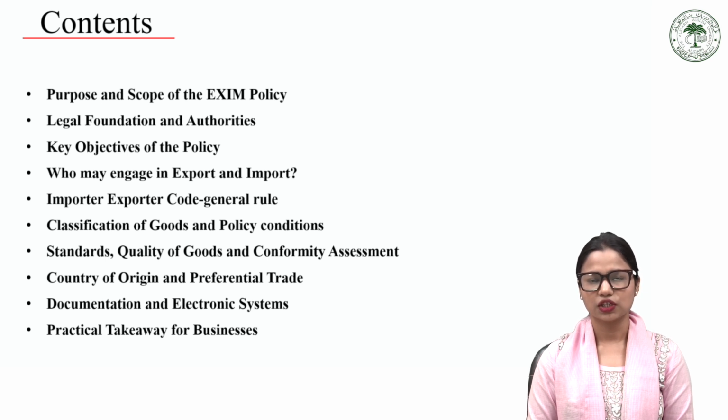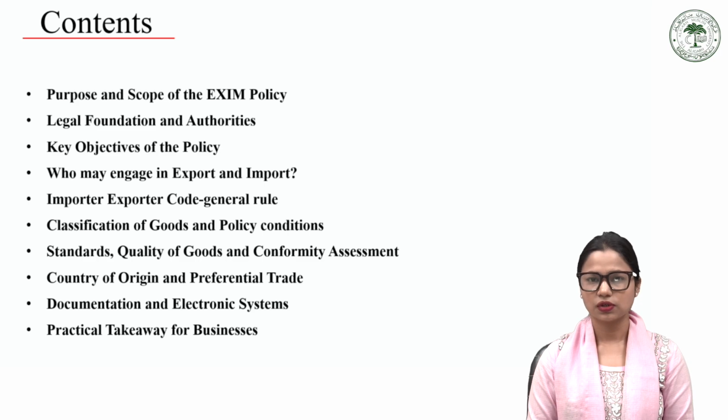So this is how the lecture will proceed. It will first discuss the purpose and scope of the EXIM policy, the legal foundation and authorities concerned. It will then move on to key objectives of the policy, then discussing who may engage in export and import, maintaining and getting an importer-exporter code, which is a general rule.